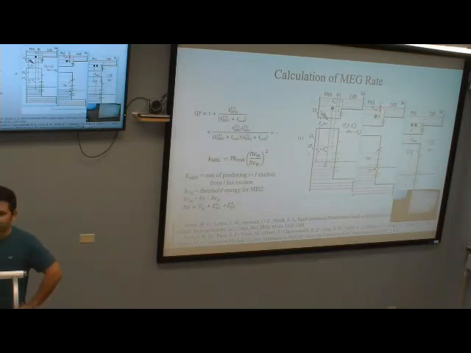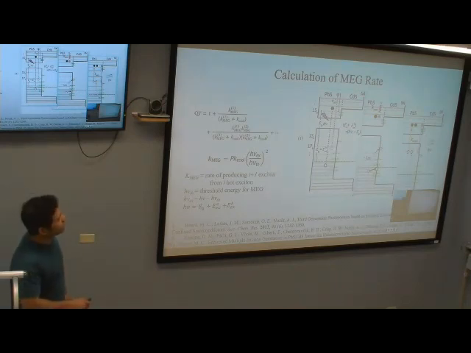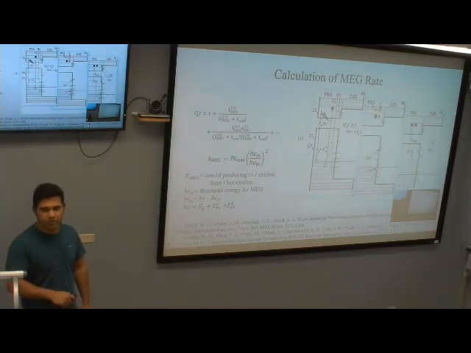So the hole is helping to do this MEG multi-exciton generation process rather than the electrons. Although the band alignment is a type 2 structure, it helps to separate the hole and electrons because of the special properties of this trapping here.